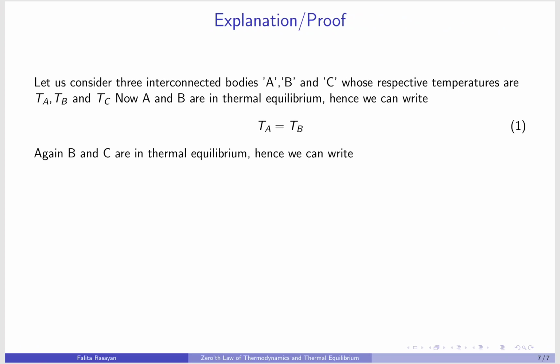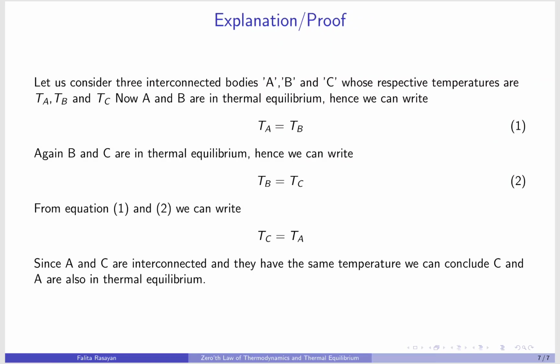Again, B and C are in thermal equilibrium, so we can write TB is equal to TC, as thermal equilibrium means being at the same temperature. Now from equation 1 and equation 2, TC is equal to TA. It is very obvious. Since A and C are interconnected and have the same temperature, we can conclude C and A are also in thermal equilibrium. This is essentially the explanation or proof of the zeroth law of thermodynamics.